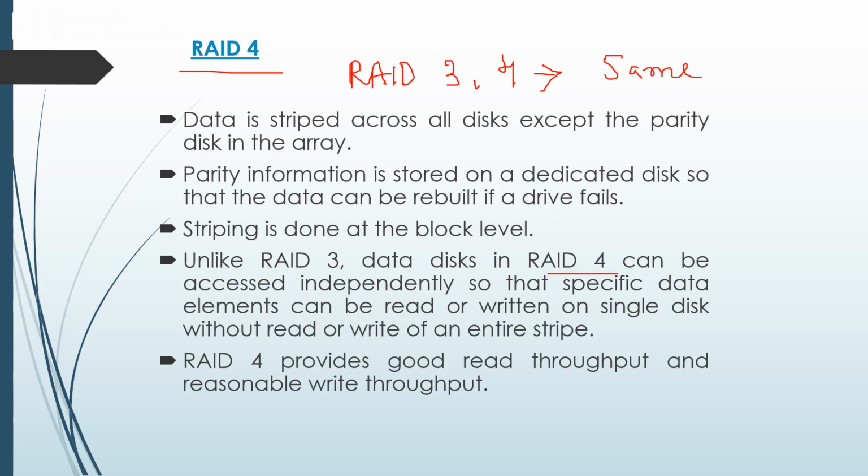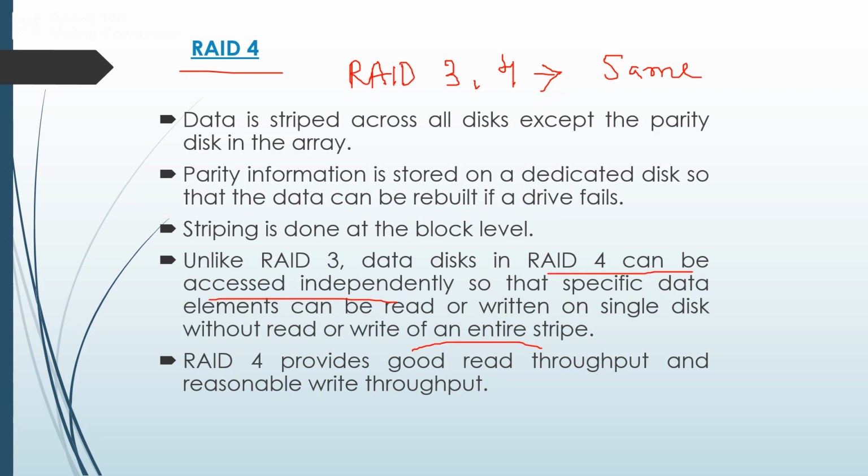In the case of RAID 4, the data disk can be independently accessed so that specific data elements can be read or written on a single disk without read or write on the entire strip.